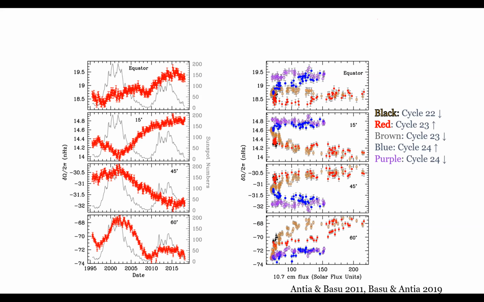That's on the left, and you can see that there is time variation across several solar cycles. On the right, they're plotted as a function of solar activity, and you can see that there does appear to be some degree of hysteresis. So the cycles don't behave the same on the rising and falling phases of each cycle.